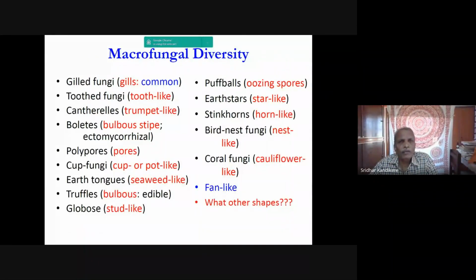With regard to macrofungal diversity, the first and foremost thing that comes to our mind is the morphologically diverse group of mushrooms. Very commonly, we can say agarics with gills. Instead of gills, they may have tooth-like structures. Some of them have the shape of a trumpet. Some of them are bulbous, and instead of gills, they have pores, the polypores.